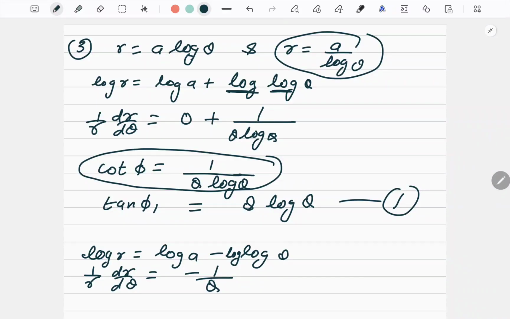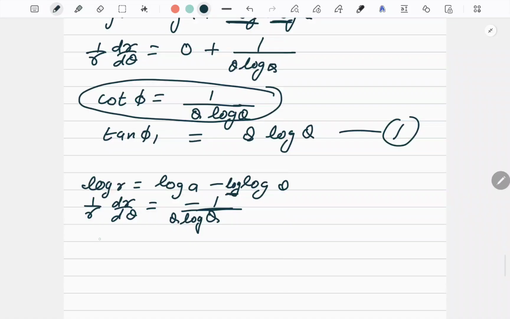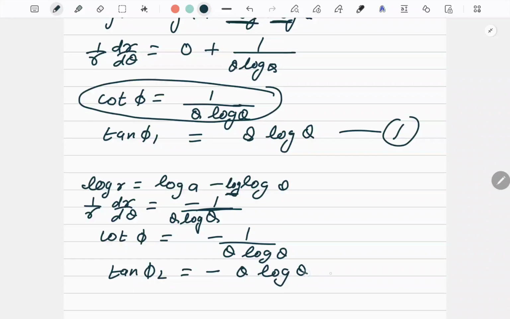So now when I differentiate, this will become minus 1 by log theta, and differentiation of log theta is 1 by theta. So I'll get cot phi is equal to minus 1 upon theta log theta. So tan of phi 2 is equal to minus theta log theta. So it became equation number 2.